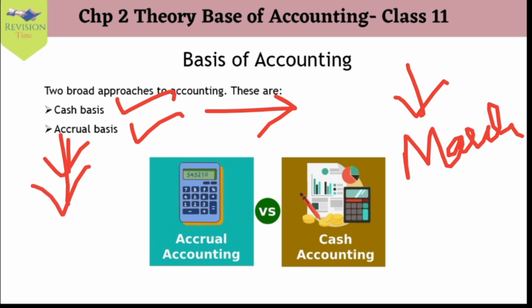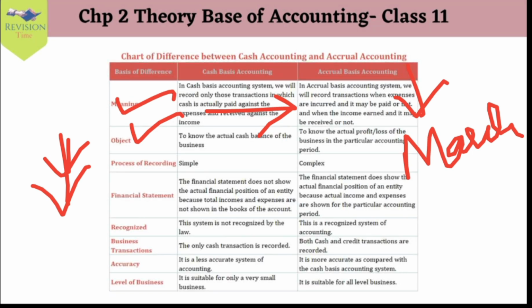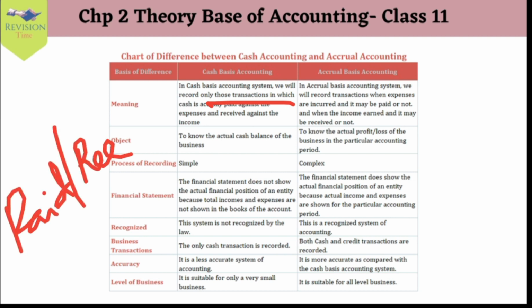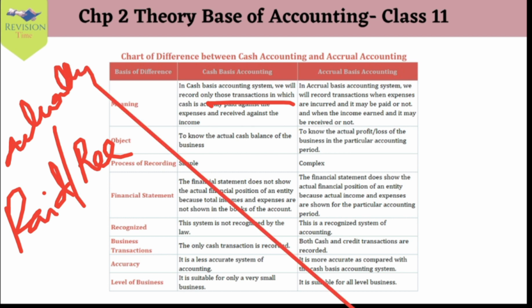And under cash basis of accounting, you record the transactions only when you receive or pay the cash. So let us go through some of the differences between cash accounting and accrual basis of accounting. In cash accounting, we will record only those transactions in which cash is actually paid or received.